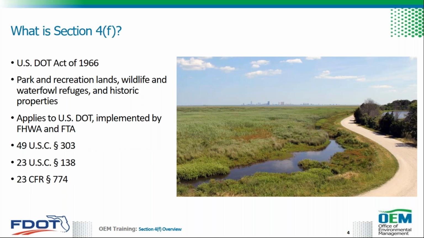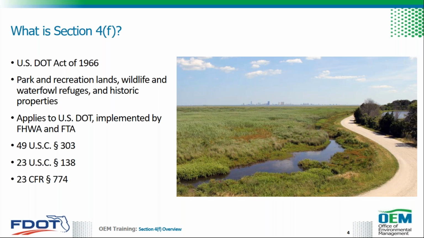So, Section 4F refers to the original section within the USDOT Act of 1966, and it provided for consideration of park recreation lands, wildlife and waterfowl refuges, and historic properties during transportation projects.